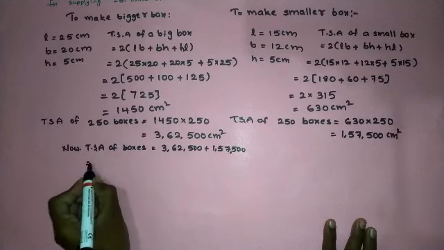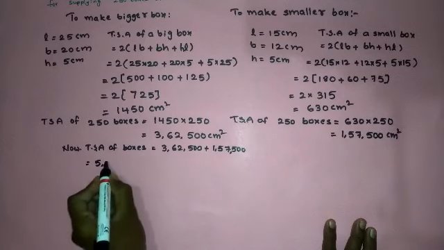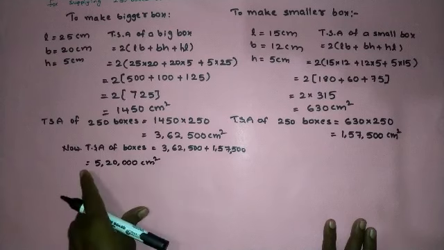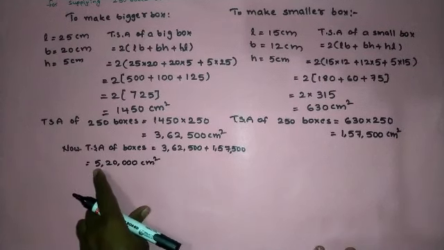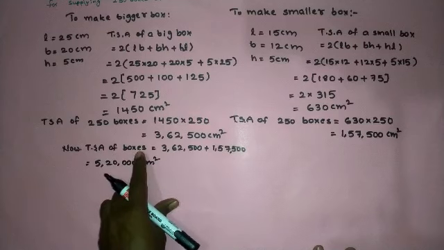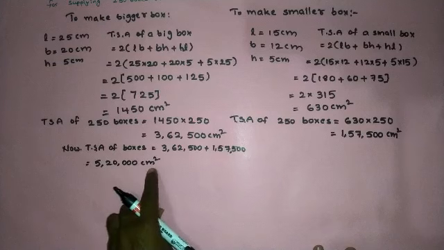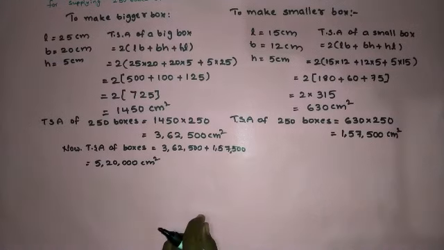After adding these two, we'll get 5,20,000 centimeter square. So to make 250 big boxes and 250 small boxes, we require 5,20,000 centimeter square cardboard.